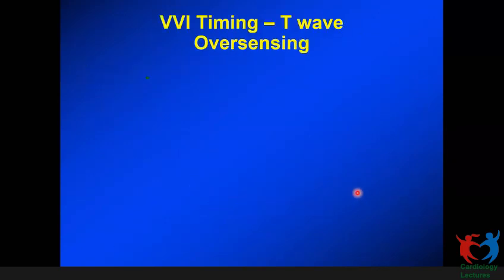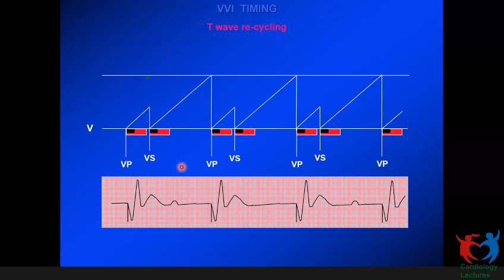Right, so the other problem occasionally that you may see in a pacemaker is T wave oversensing, which, as the name suggests, is oversensing of the T wave of the intracardiac electrogram. And if it is outside the refractory period, then it resets the lower rate clock. Ideally, by the lower rate clock, I would have wanted to pace the patient's heart here.